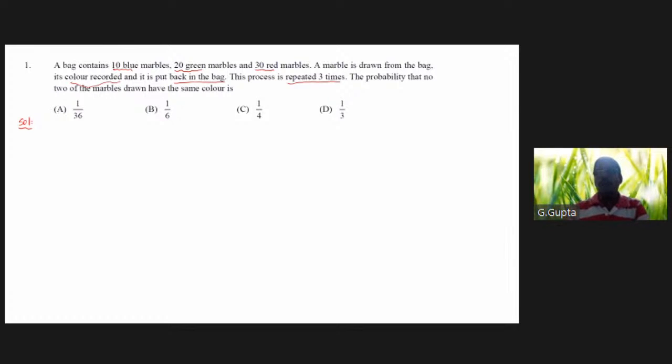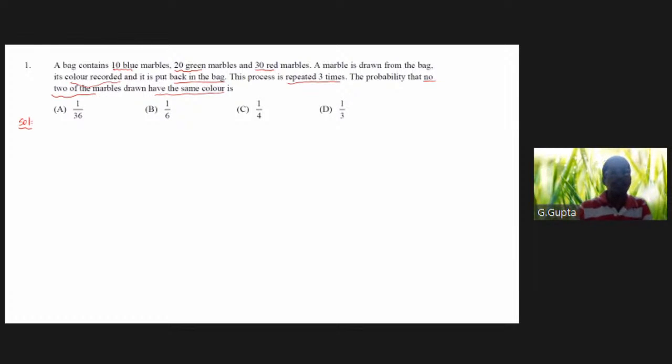So we need the probability that no 2 of the marbles have the same color. That means all the marbles are of different colors.